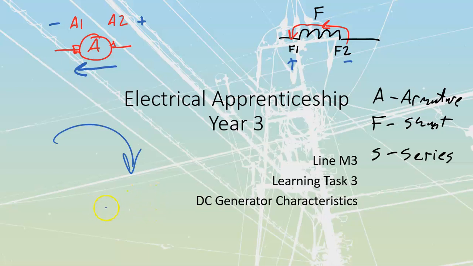By non-drive end, what they mean is that if this was my generator itself, it's going to be circular, and I have that thing attached to, I'm going to be very bad at drawing this, but let's say it's attached to my engine over here. There's a couple engine components and stuff like that. There's my engine, there's my generator. What I'm going to be doing is observing clockwise rotation from the non-drive end.